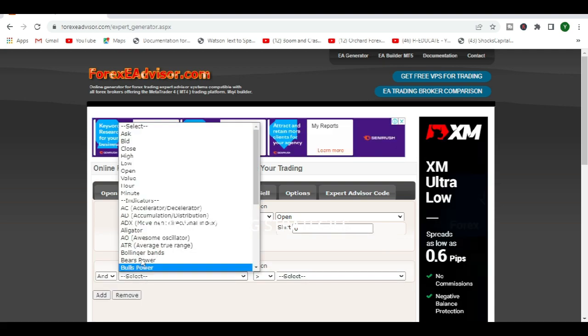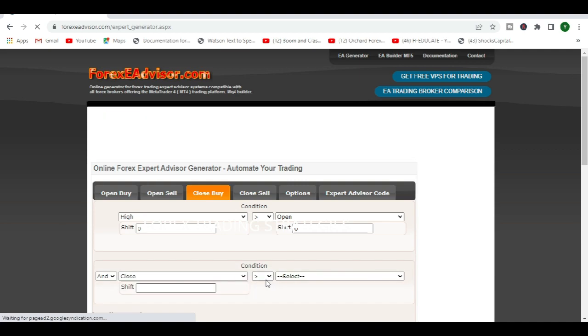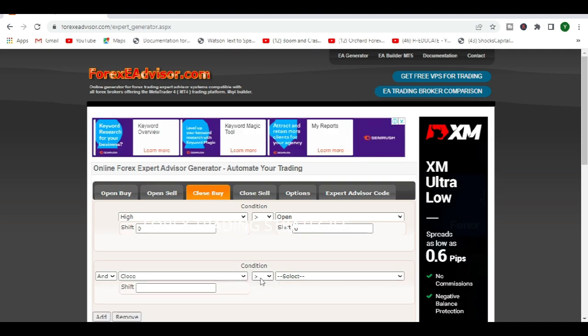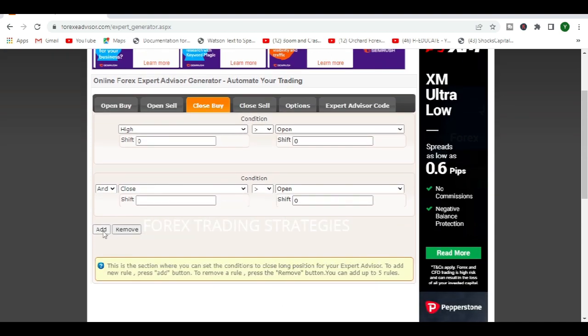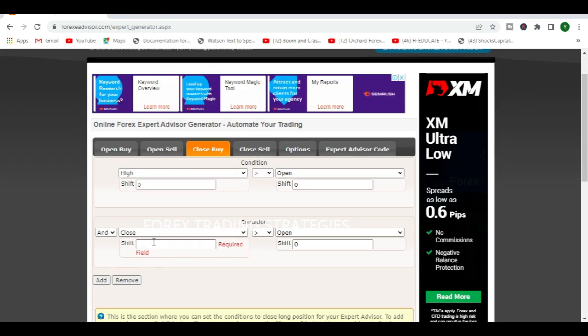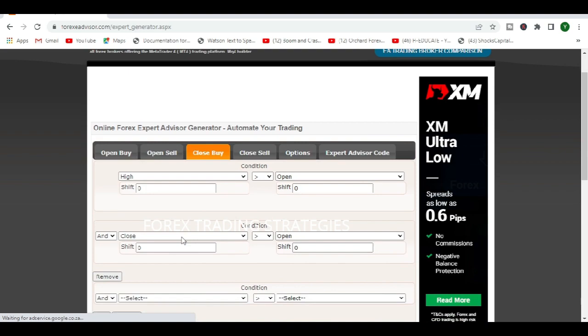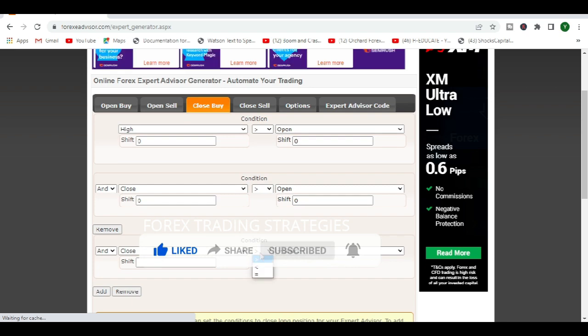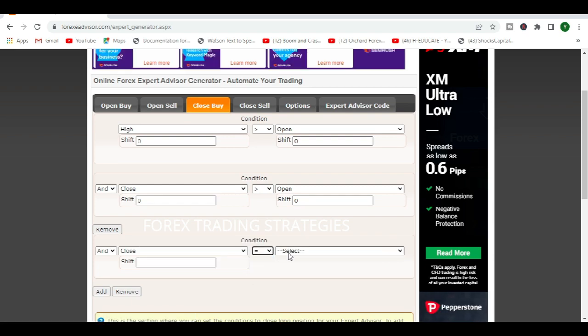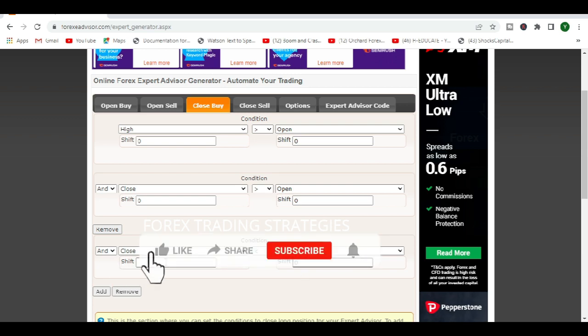We are saying the previous candle close also needs to be greater than the open of our new candle, or we can say our previous candle close needs to be equal to our new candle open. Then we know that we have those retracement candles.